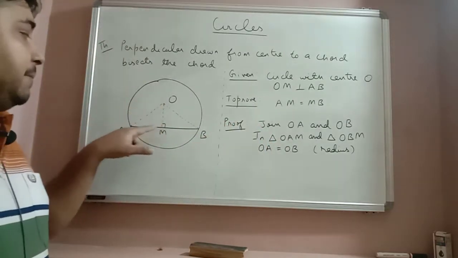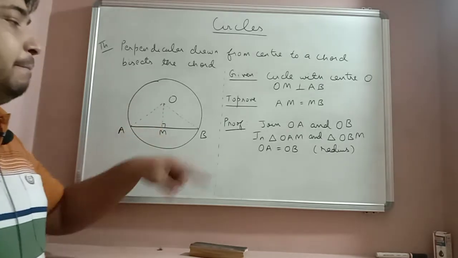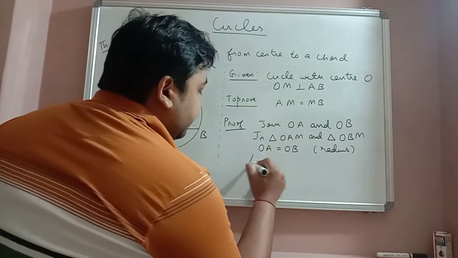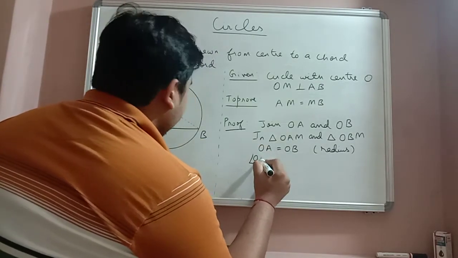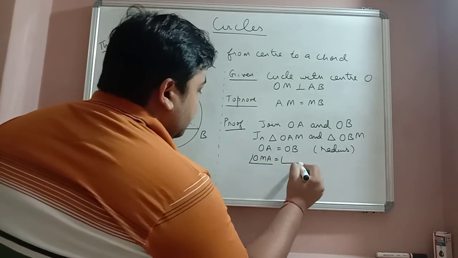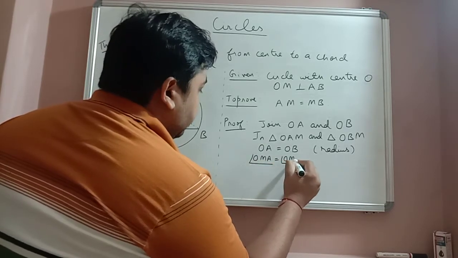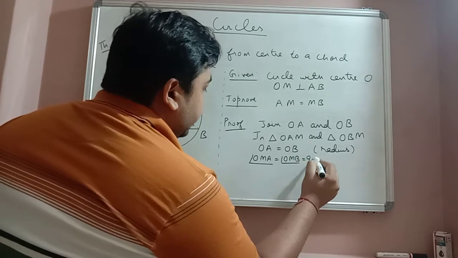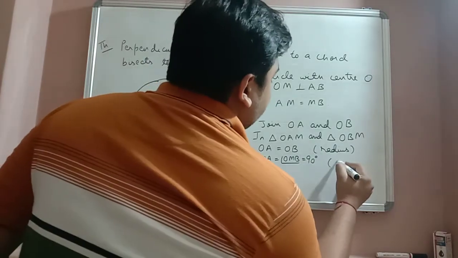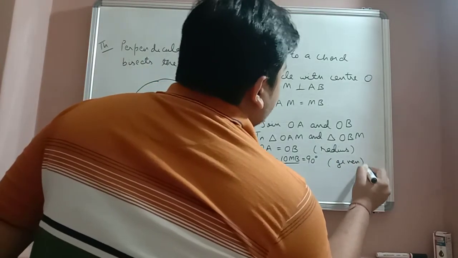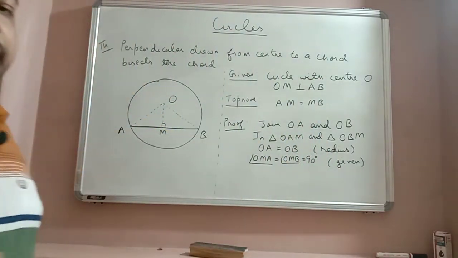Angle OMA is equal to angle OMB, each equal to 90 degrees. This is already given to us because OM is perpendicular to AB.